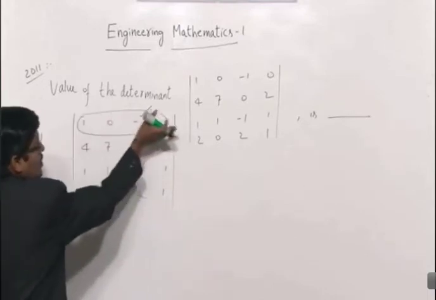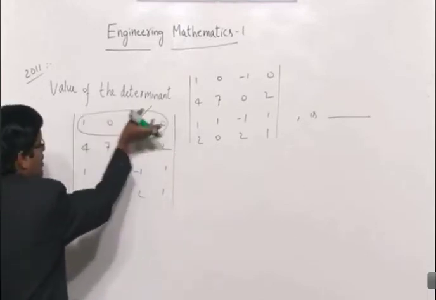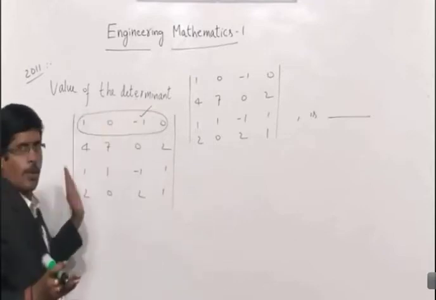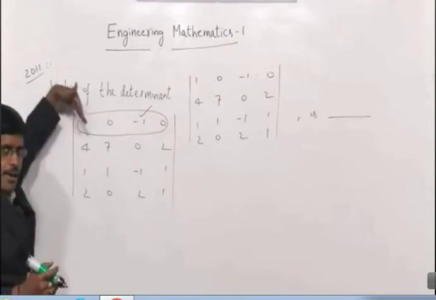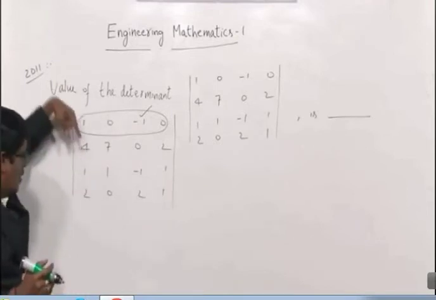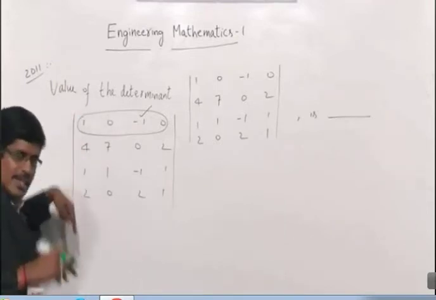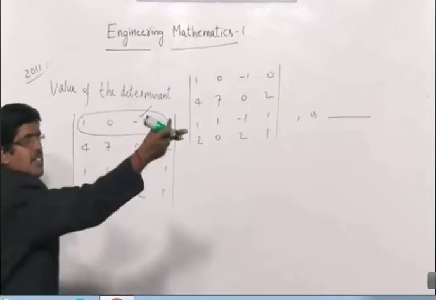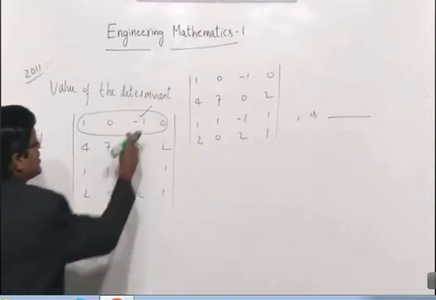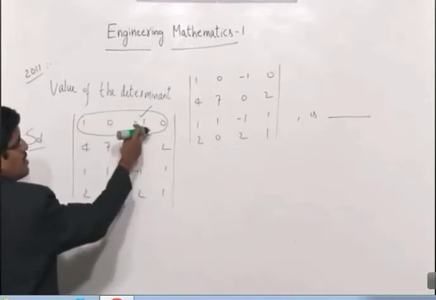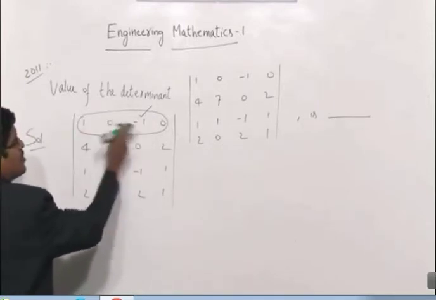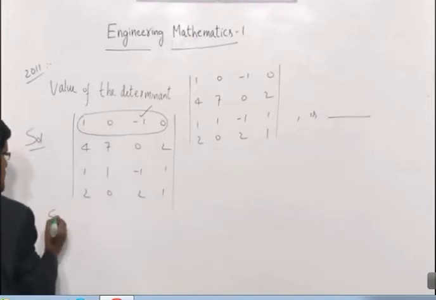If I put the direction horizontally, that is applying column operations; a vertical direction means row operations. This is located in the third column, this is located in the first column. So how to make this element 0 with the help of 1? Just adding these two.